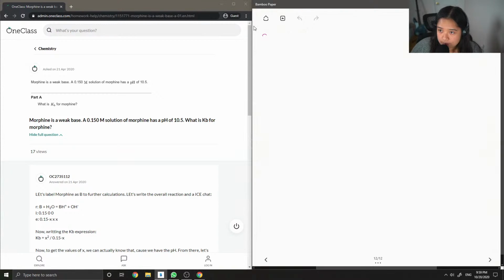So let's write out the equation reaction that is involved in this question. I'm just going to write down the chemical structure of morphine. It doesn't really matter, but it helps us visualize what's happening in the question.